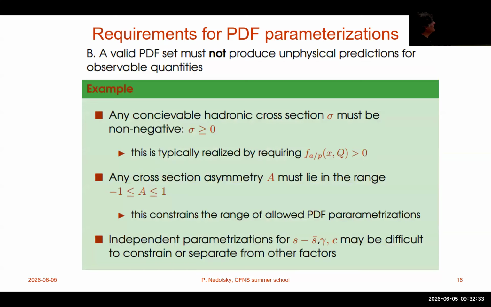Now, the other important requirement is that a valid PDF set must not produce unphysical predictions or anything that can be observed. What I mean by this is that the PDF, as I mentioned, can in principle be negative. There is no so-called positivity requirement on the PDF, but the cross sections cannot be negative.